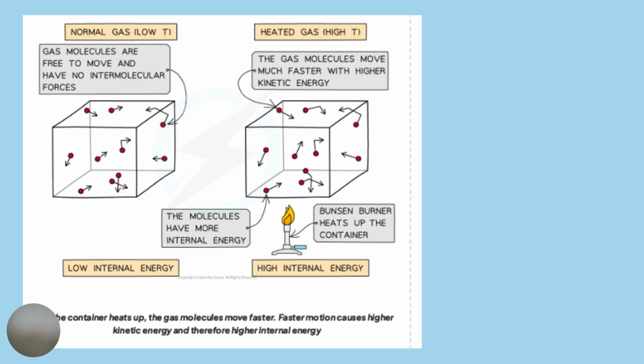This is because the heat has heat energy, and this heat energy is transferred as kinetic energy. Just now we said that the internal energy of the system is because of the kinetic energy and also potential energy. So if you increase the kinetic energy, of course you will increase the internal energy. When you heat up a system, you provide heat energy, this heat energy is transferred into kinetic energy, and the increase in the average kinetic energy increases the internal energy of the system.